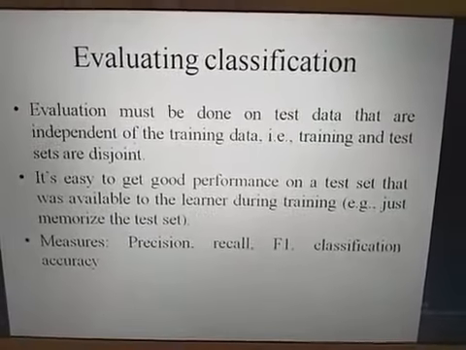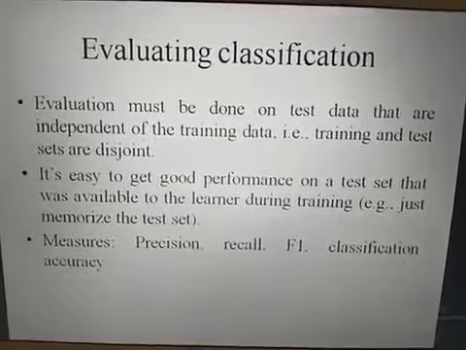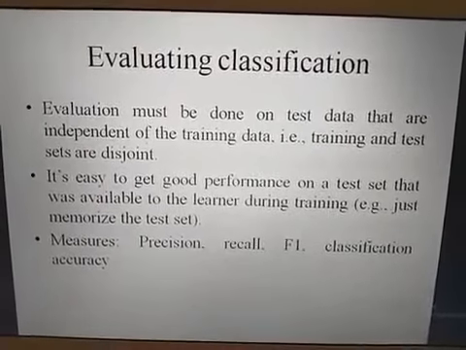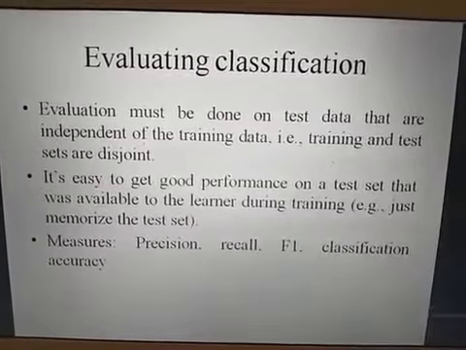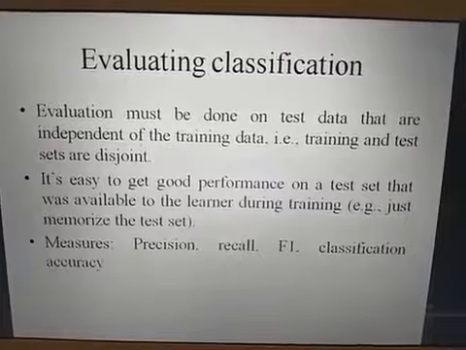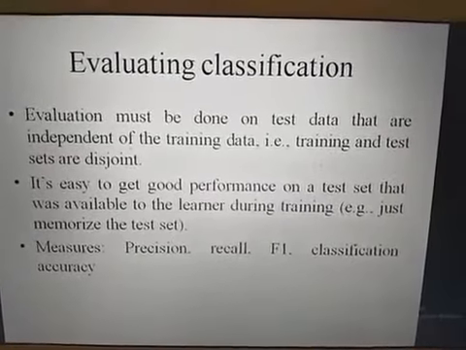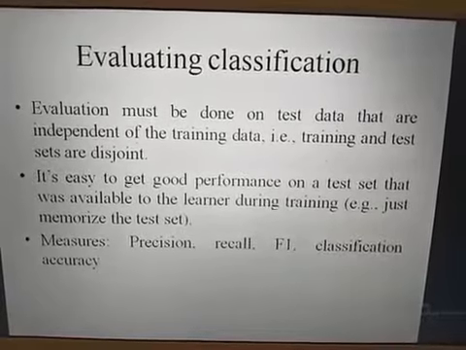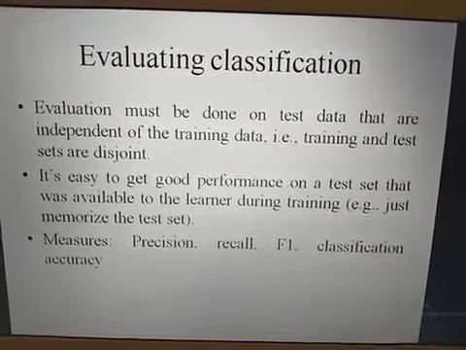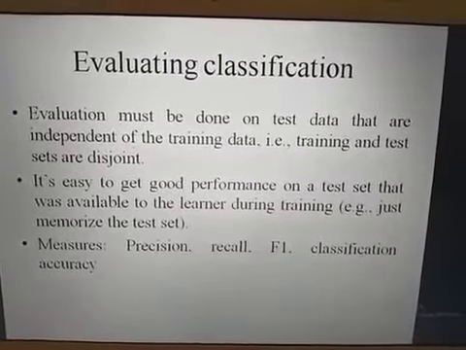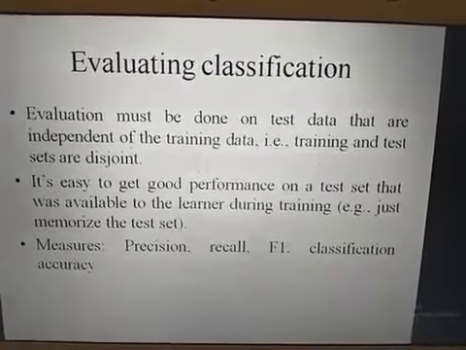The evaluation of classification must be done on test data instead of training data, that is independent of the training data. We know there is no relation between the testing and the training data, so they are completely disjoint. It is very easy to get good performance on the test data if it was available to the learner during learning.